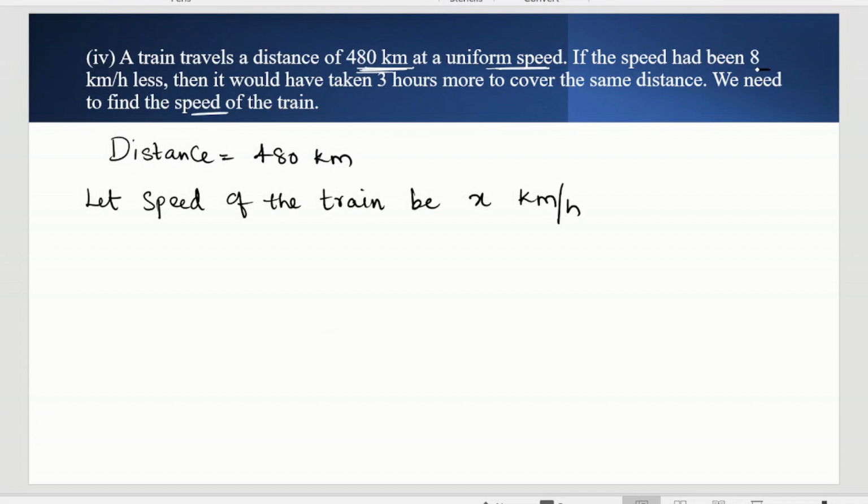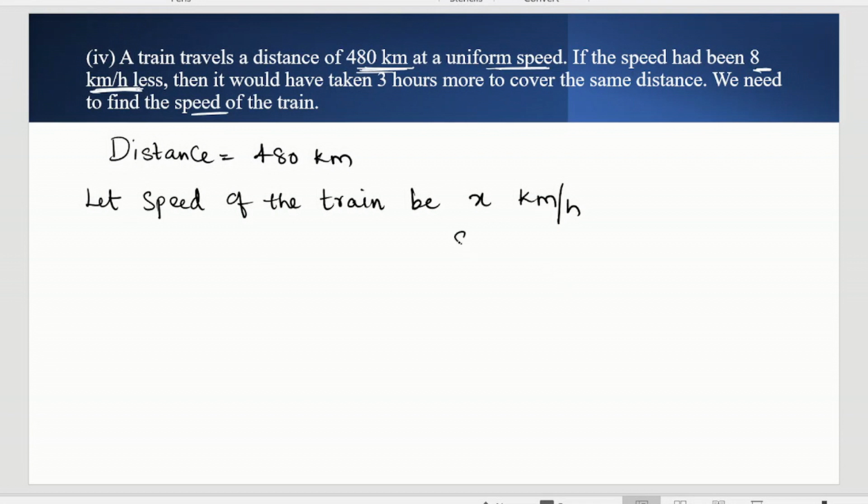So see the question again. If the speed had been 8 kilometers less. Now the train speed has been reduced. So what is the new speed of the train, which is 8 kilometers less than the previous speed. We have taken the speed of the train to be x, right?